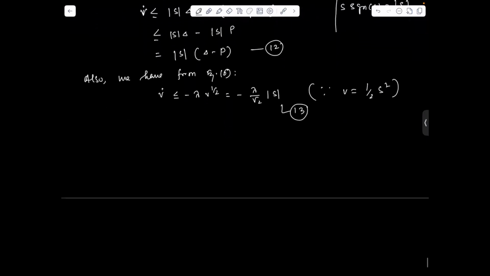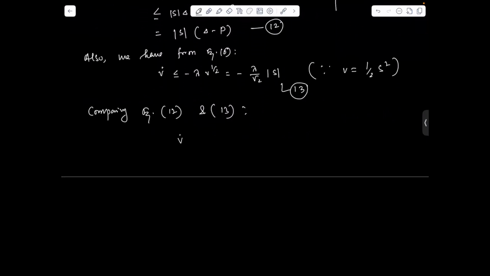Comparing equation 12 and 13, we get V dot, minus mod s times rho minus delta, equal to minus lambda root 2 mod s.